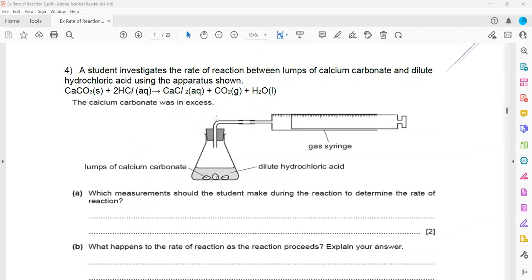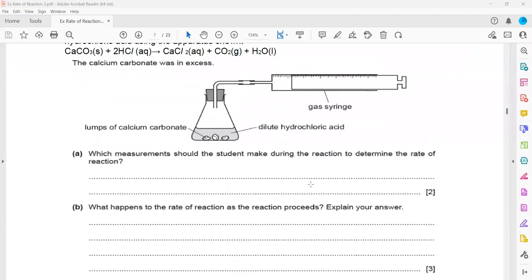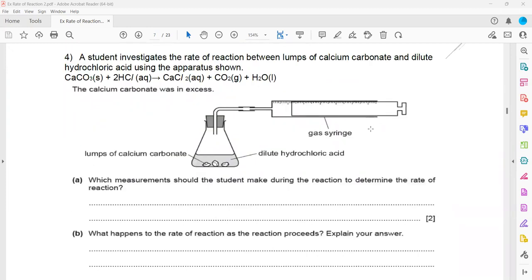A student investigates the rate of reaction between lumps of calcium carbonate and dilute hydrochloric acid. The student measures the volume of carbon dioxide gas. Which measurement should the student make during the reaction to determine the rate? So 2 marks, so two things he should measure.